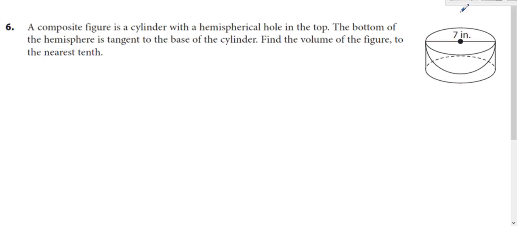We're told the diameter is 7, so the radius is 3.5. And if the hemisphere is tangent to the base, that means that that same radius just barely touches there, so the height is also 3.5.